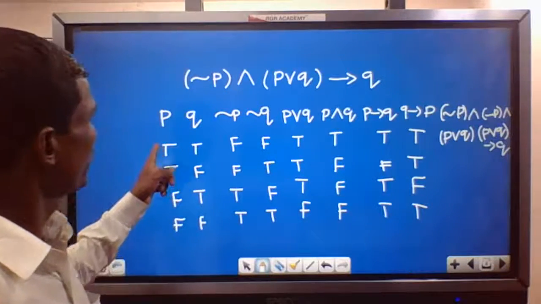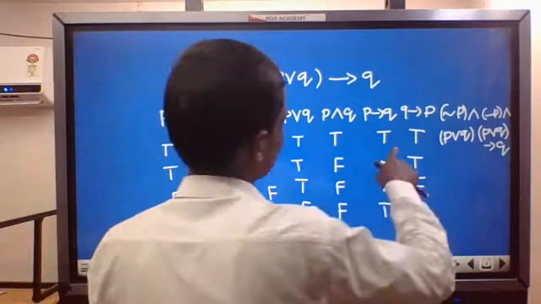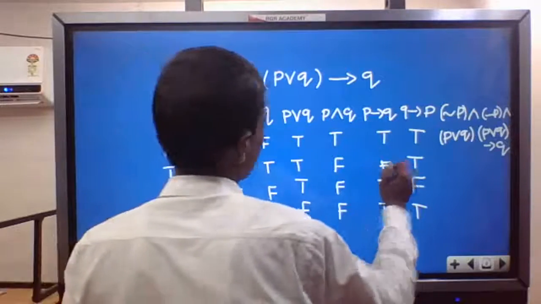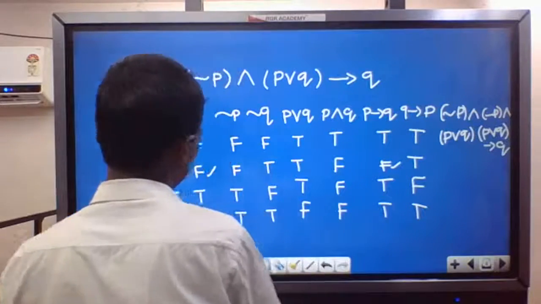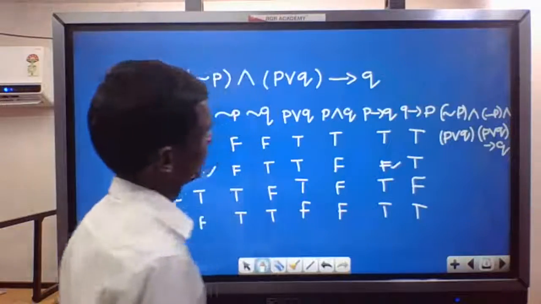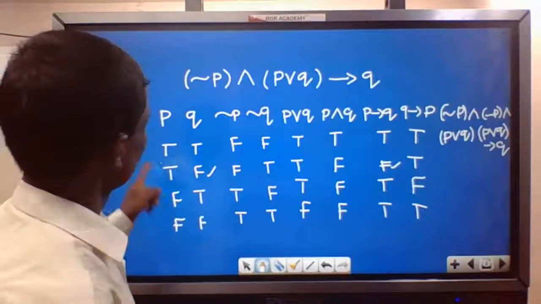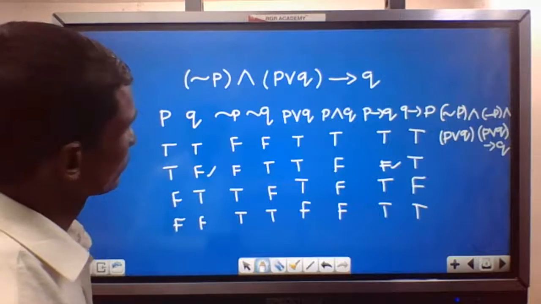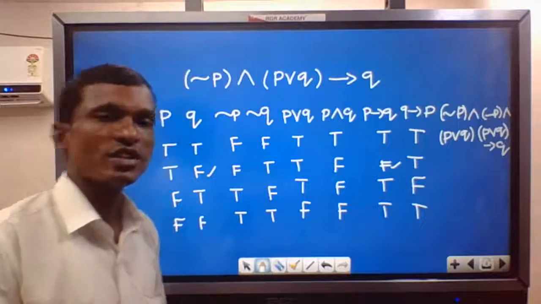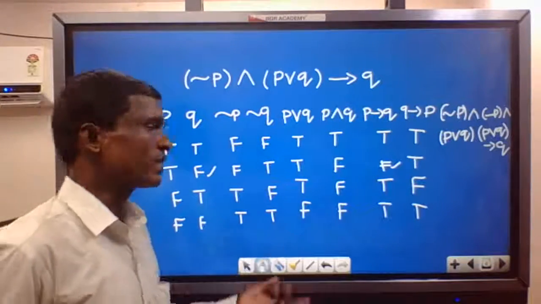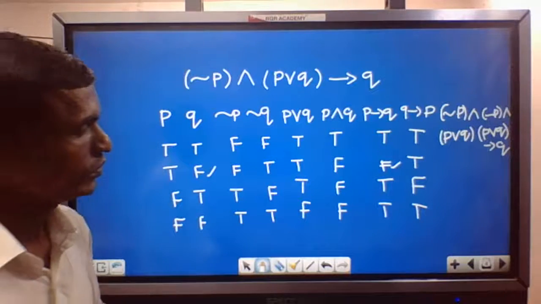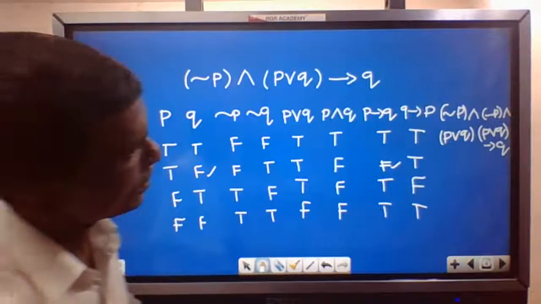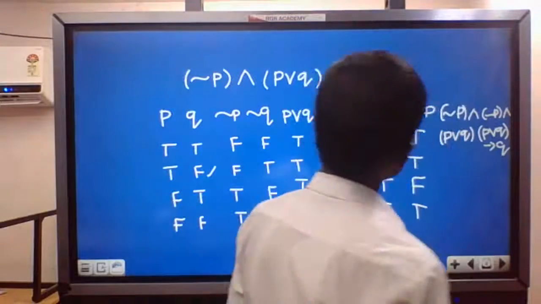The first one, P Q: truth, false, false, truth, truth, false, false, truth. Next, truth, truth, false, truth. When both are false, it comes under true.